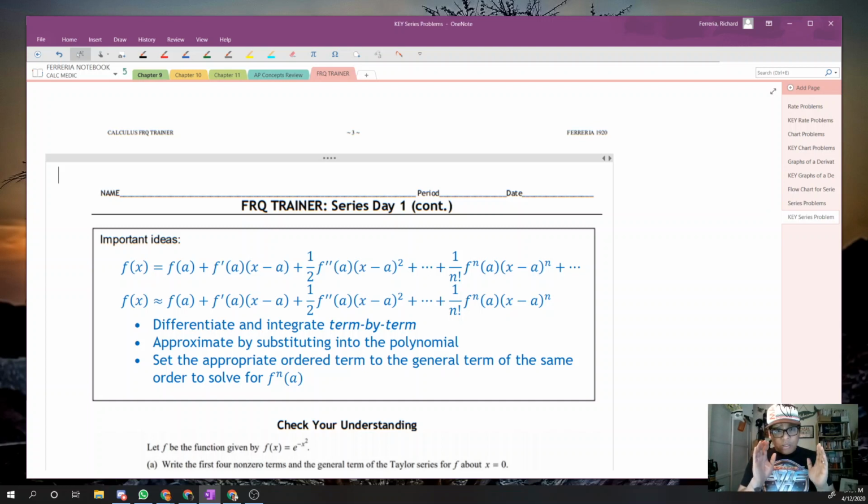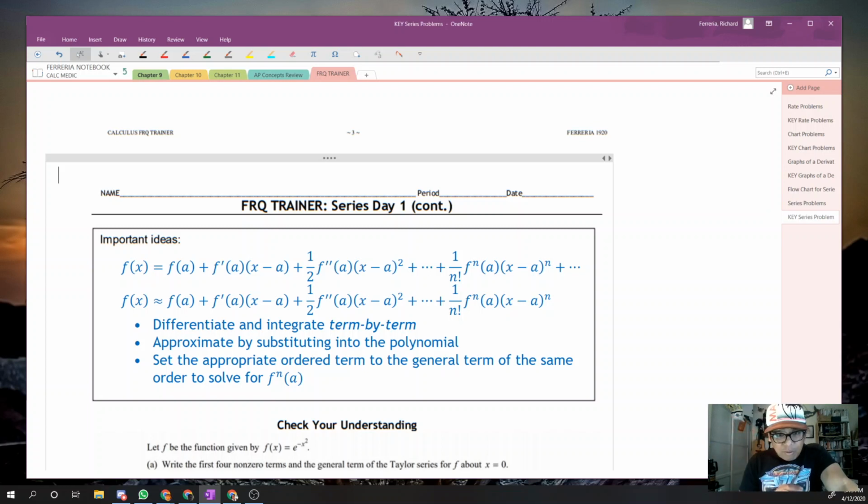So differentiation and integration get done term by term, and remember that your variable of integration and differentiation is never n. So don't integrate an n. I don't want to see 1 over n plus 1 to the n plus 1 power.